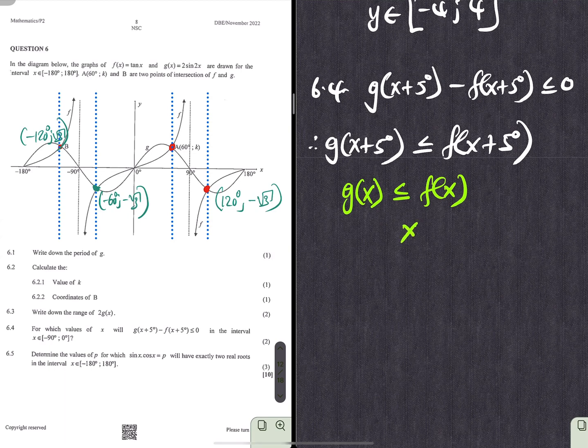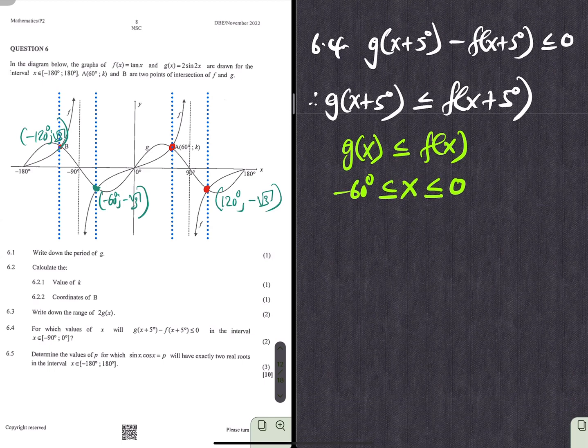That's where we are now. So x is in between negative 60 degrees at this point, and this should be less or equal to 0.